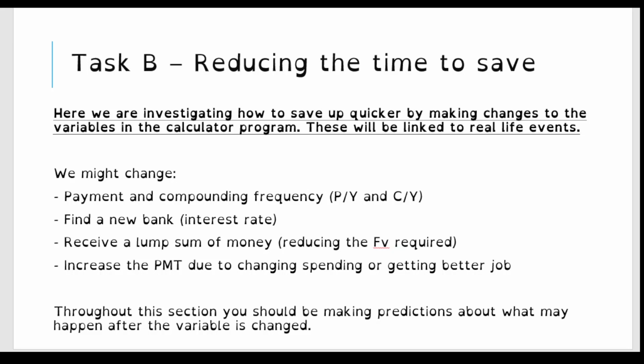So let's say you go from paying your savings account monthly, you could change that to fortnightly, you could change it to weekly. Daily is probably not a reasonable thing to do, but if you want to investigate that, you can go ahead. Compounding frequency, you can play around with a little bit. You will need to come up with a reason why the bank is changing that though.